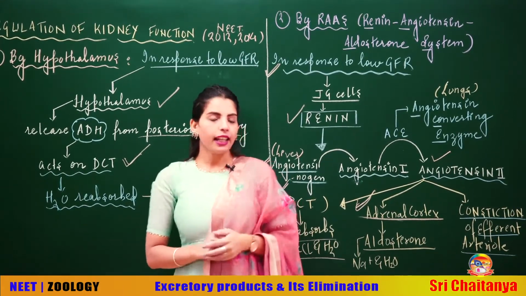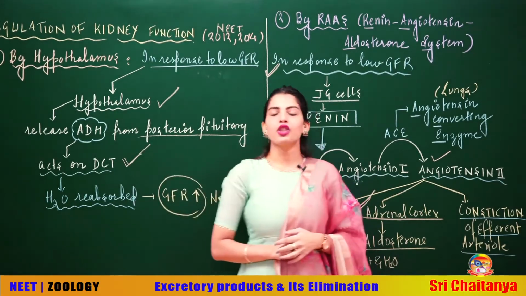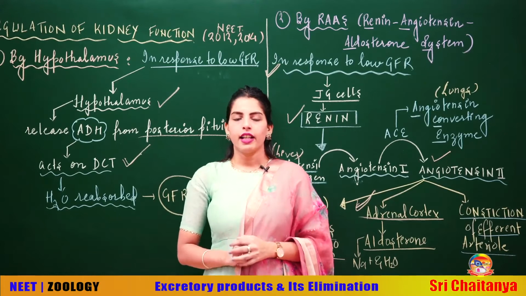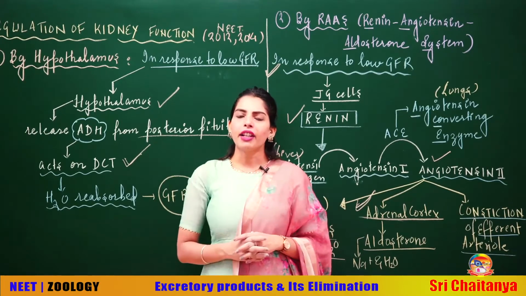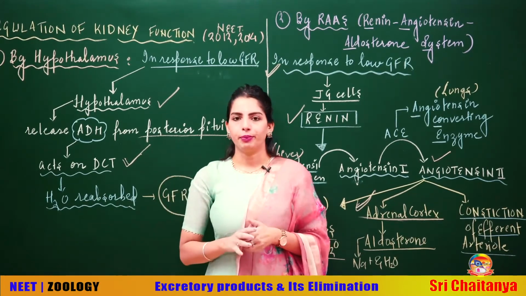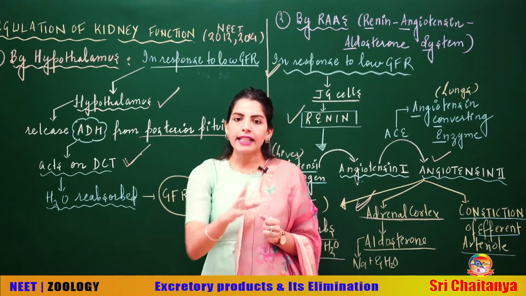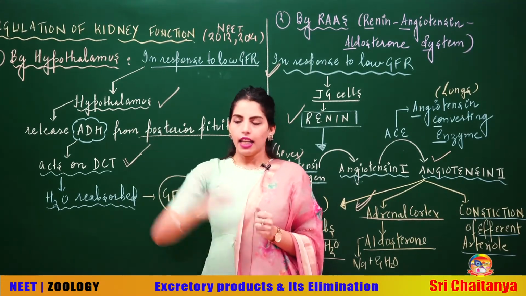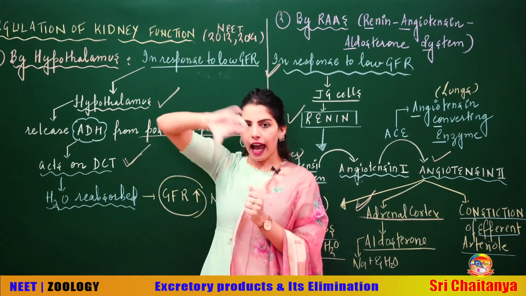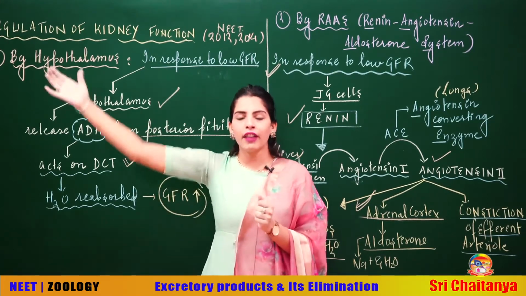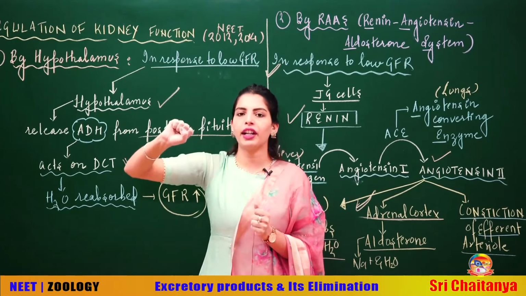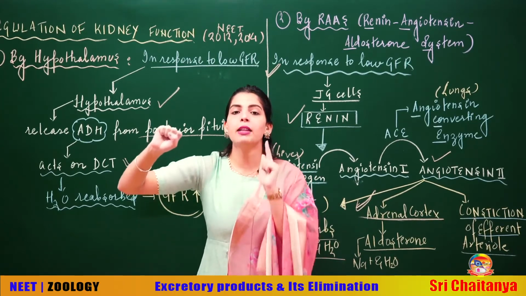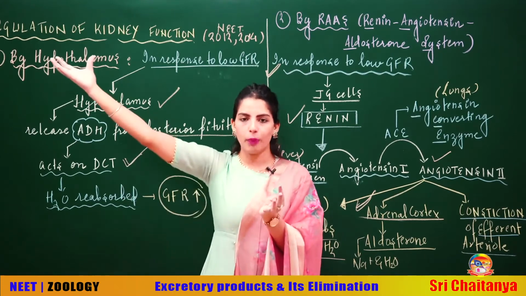And the last thing is that angiotensin 2 can act upon the efferent arteriole, students. Now why is it not acting upon the afferent and why is it acting upon the efferent? Afferent arteriole brings the blood. Efferent arteriole carries away the blood. If you are constricting the arteriole which carries away the blood, suppose I constrict the efferent arteriole, what you are doing is preventing the blood from going out of the glomerulus, right?